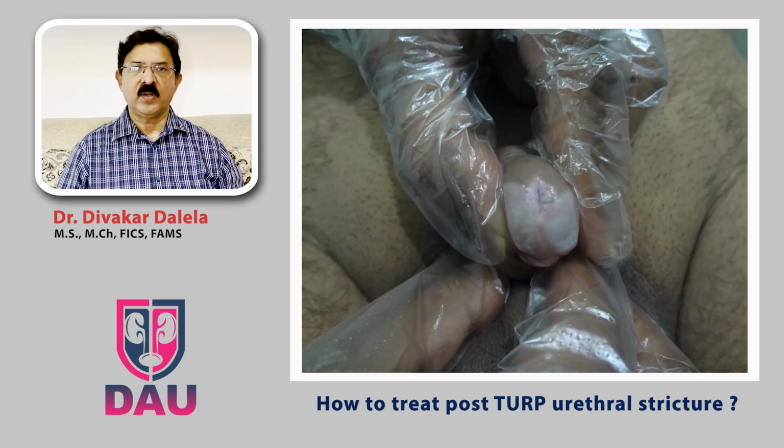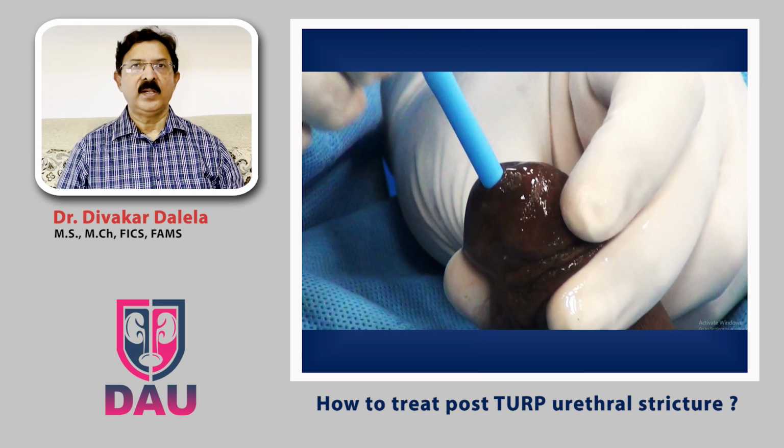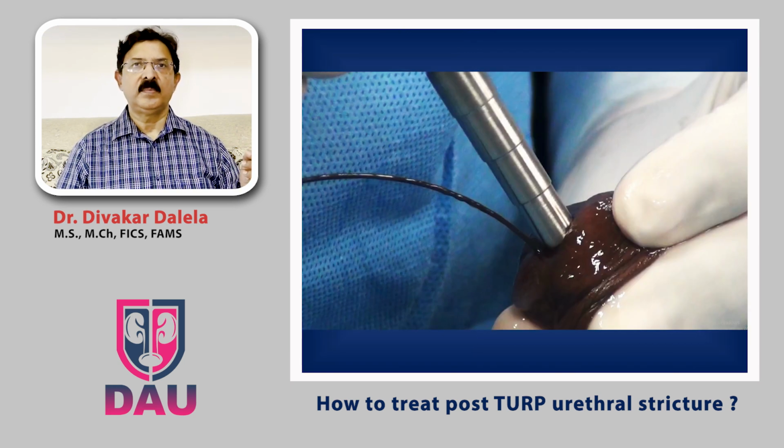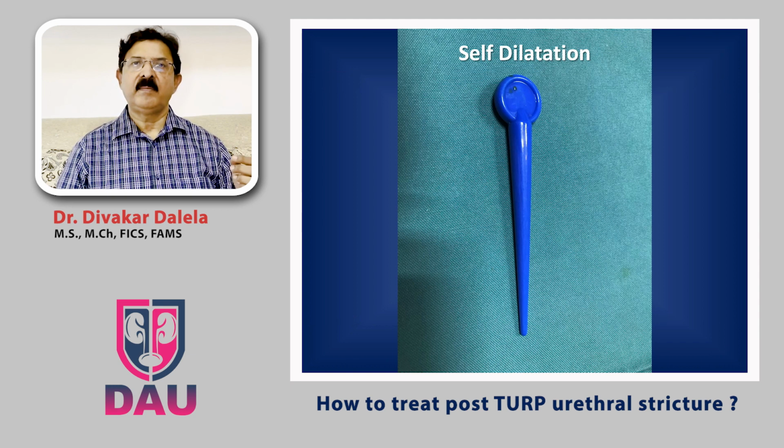Say here is the case of meatal stricture, and you can do this dilatation over a guide wire using fascial dilators, or some people use a metal dilator under anesthesia, and thereafter we give our patients this small plastic dilator. This can be cleaned at home and they can apply clobetasol over this dilator and insert it into their meatus once or twice a day for some weeks, and this problem of meatal stricture can be easily solved.